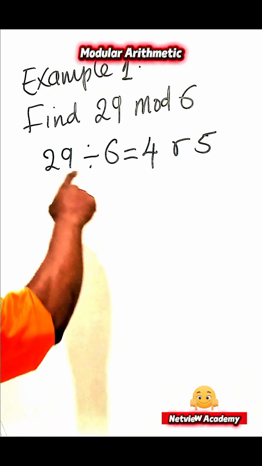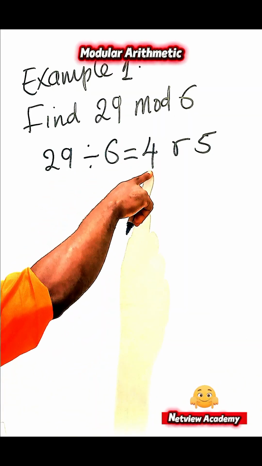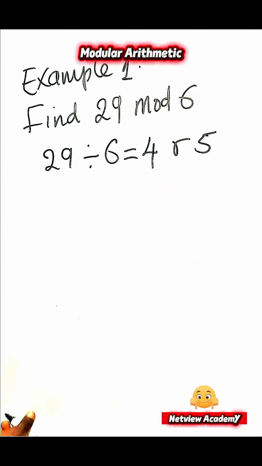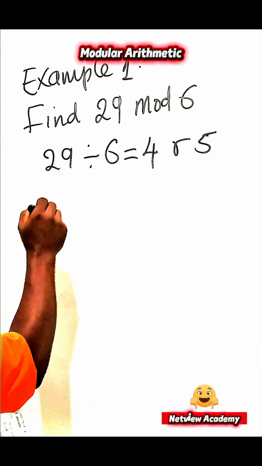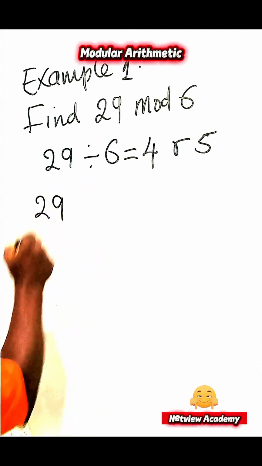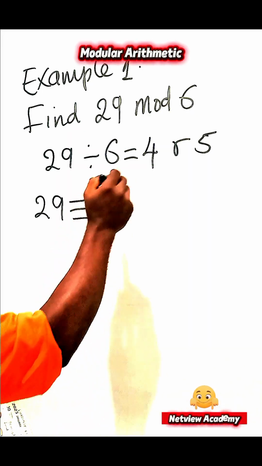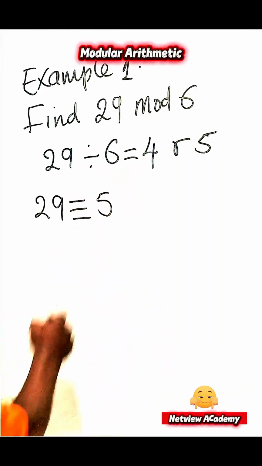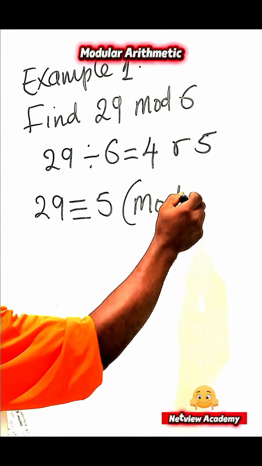So when you divide 29 by 6, the result is 4, the remainder is 5. And this can be represented in modular arithmetic as 29 is congruent to 5 modulus 6.